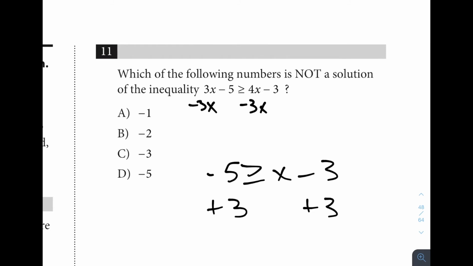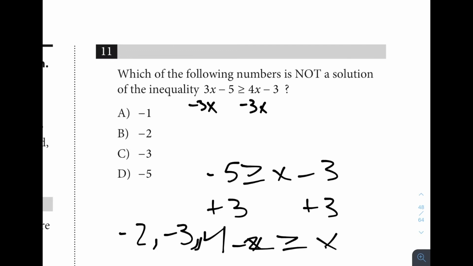From there we'll get negative 2 is less than or equal to x. So that means the answers can be negative 2, negative 1, 0, and continue on. Which means negative 3 can't be the answer because it has to be greater than or equal to negative 2.